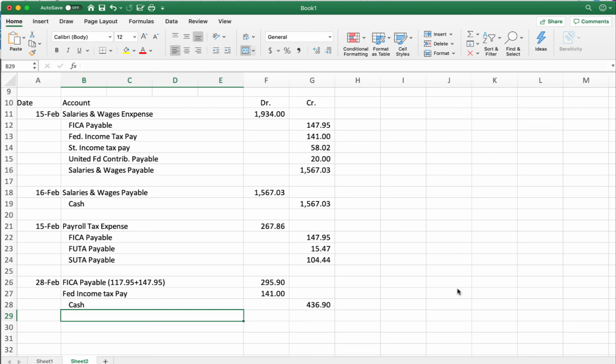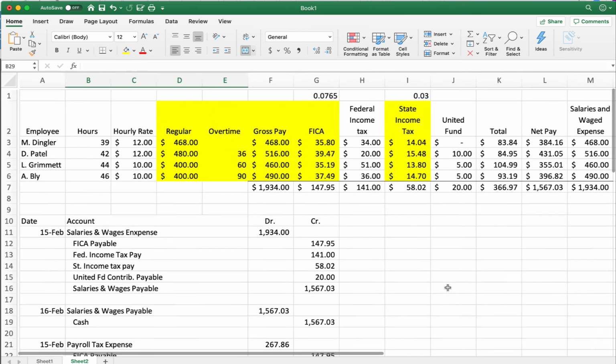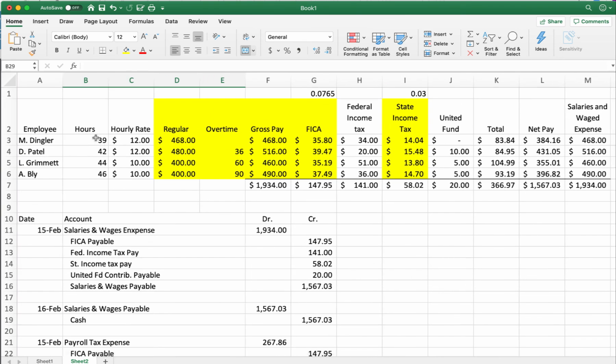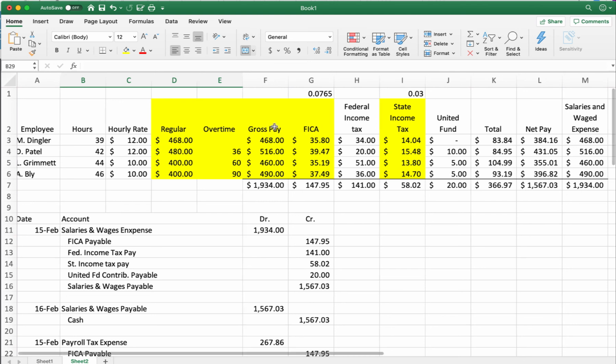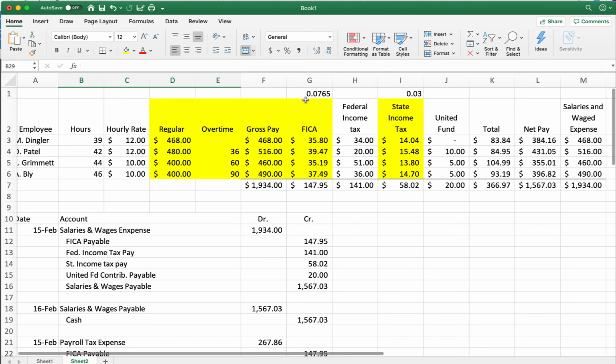And that, my friends, is how you do problem 11-3B, which is going to be extremely similar to your problem 11-3A. Okay? The key takeaways here: first, you got to create this payroll registry, right? You got to figure out what their gross pay is. Once you get the gross pay, you can calculate FICA for each employee. You can calculate the state income tax for each employee, okay? Then you got to figure out net pay.